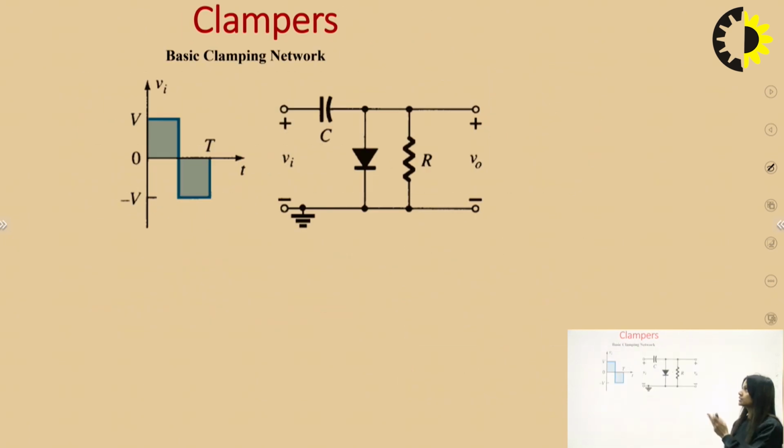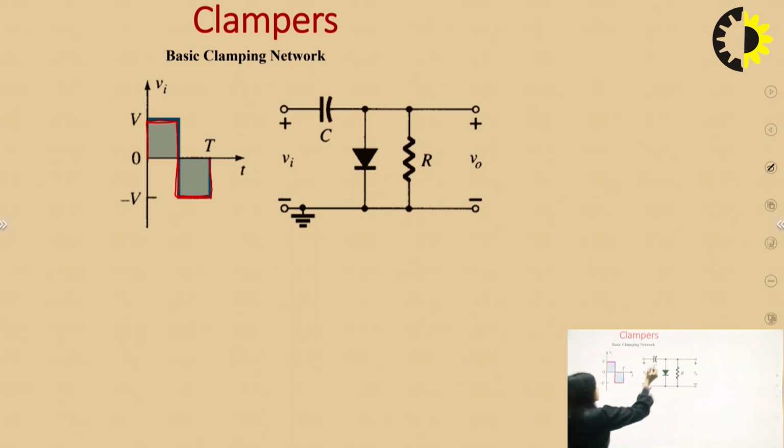Now it is a basic clamping circuit, right? So as I said, this is the input waveform, a square wave input. This is the capacitor in the circuit.